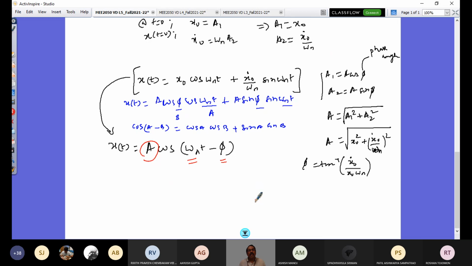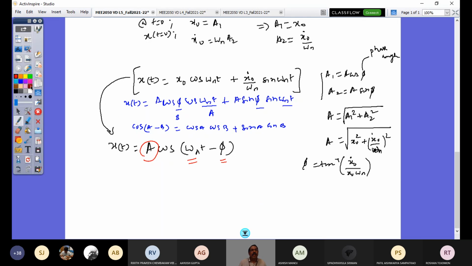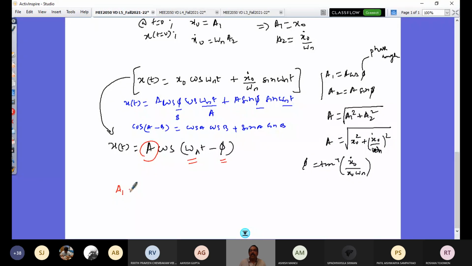In some textbooks and literature, you would see another way of defining this. Instead of A1 as A cos phi, I can take A1 as A naught sin phi naught, and A2 equals A naught cos phi naught.